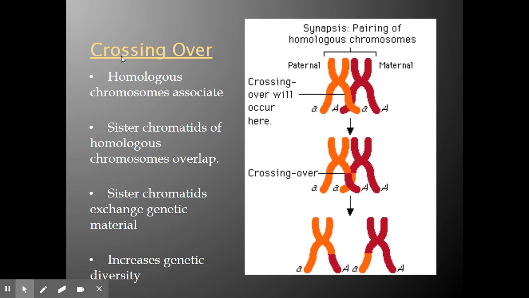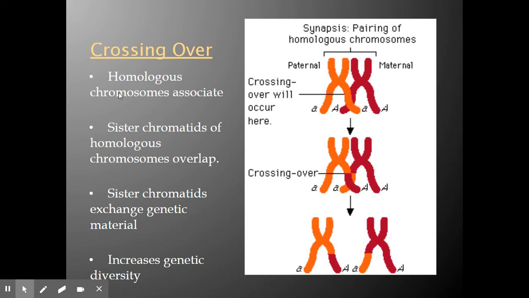So crossing over, what is it? Crossing over is when we have genes from your maternal and paternal side crossing over. So say you have your paternal one next to your maternal one, and they decide, hey, you want to trade genes with me? And they go, sure. And so what happens during crossing over is that part of the maternal chromosome and paternal chromosome will switch places.